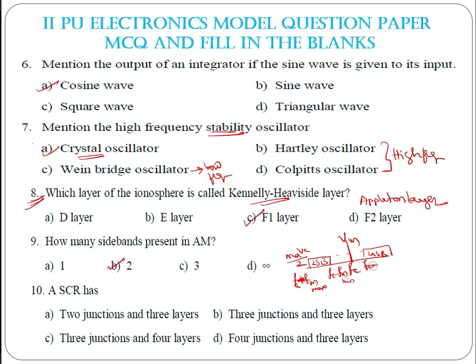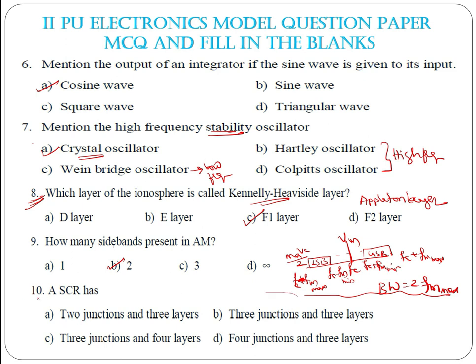Similarly, this side FC plus FM minimum, and this is FC plus FM maximum. So if it comes bandwidth, I can write 2 FM or 2 FM maximum. This can also be asked as one optional MCQ question.